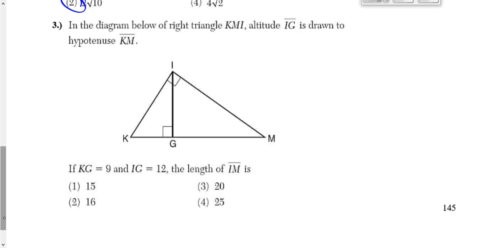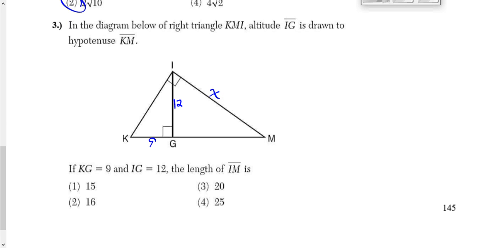So that's an altitude, so this is going to be one of our cases almost directly. So KG is 9, and IG is 12. The length of IM. We might have to combine a couple things.